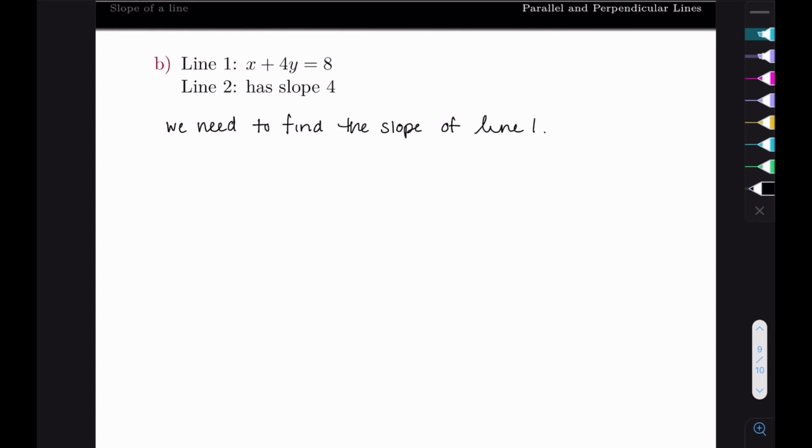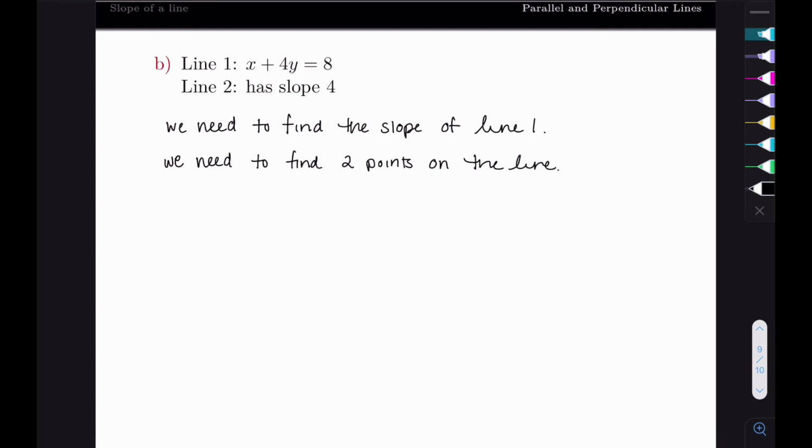Unfortunately, though, I need 2 points to find the slope. So what we need to do is find 2 points on the line. Then we can figure out what the slope is going to be.